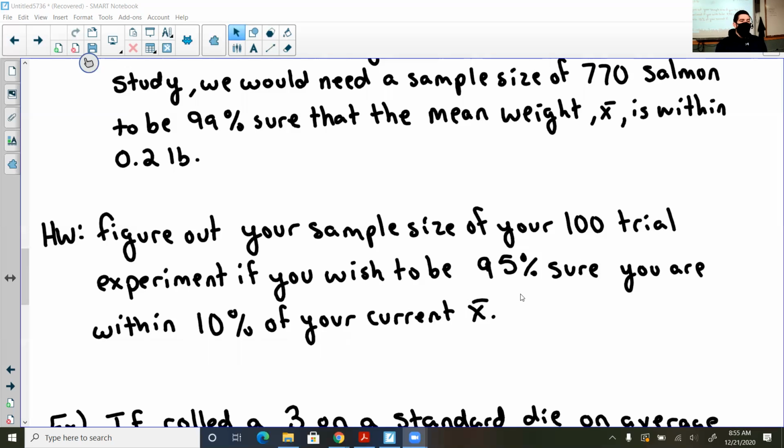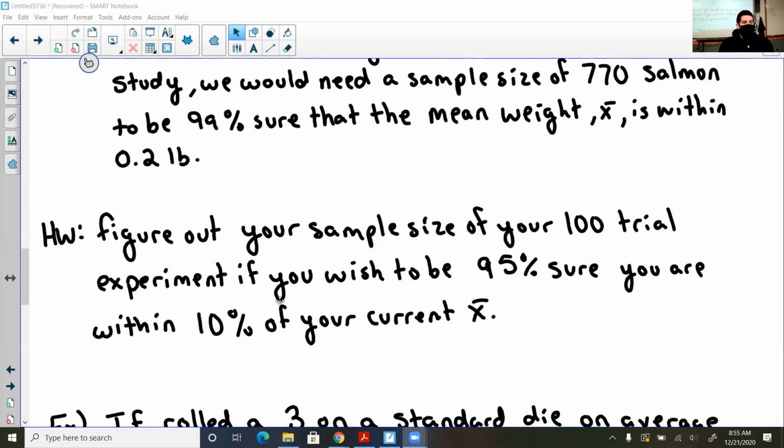So we're going to figure out your sample size of your 100 trial experiment, if you wish to be 95% sure you are within 10% of your current X bar. Now, everyone has collected different information, so that's why I had to use 10%. I'm not going to give you a set margin of error because everyone would have their own applicable margin of error. I figured this blanketed question would be sufficient for everyone.